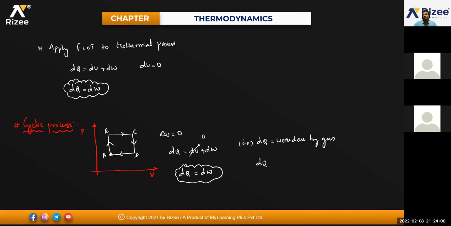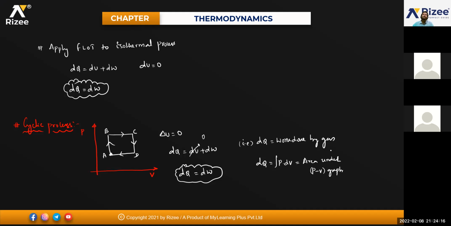That is the integral of P into dV, or that also I can take as the area under the PV graph.